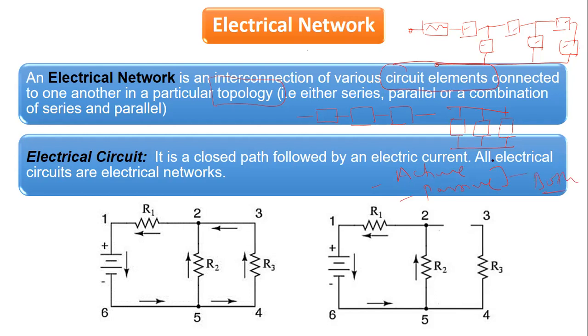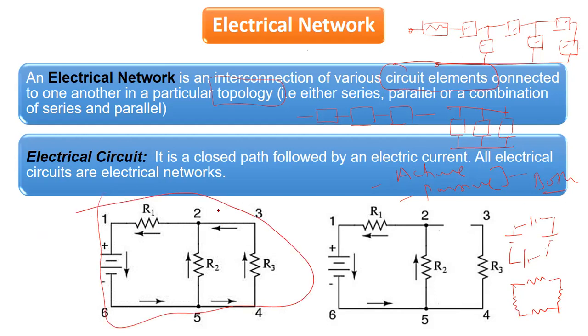We may have a network wherein all the sources are connected, a network wherein all the passive elements are connected, and a network wherein we have active elements as well as passive elements, as you can see in this diagram here.